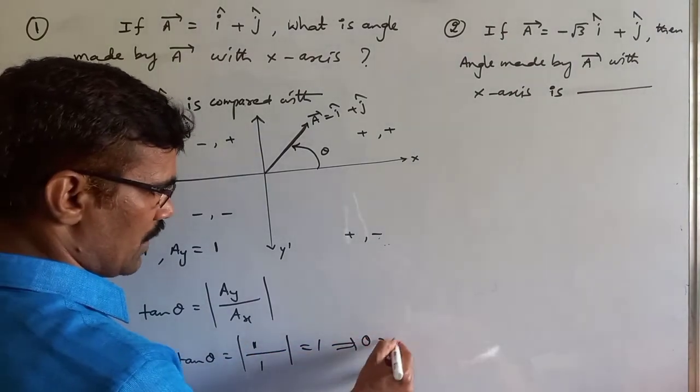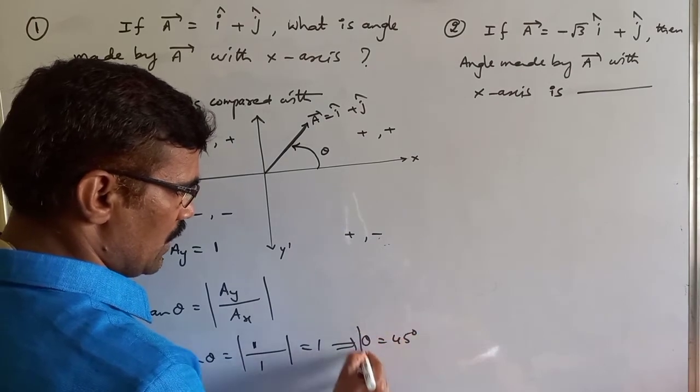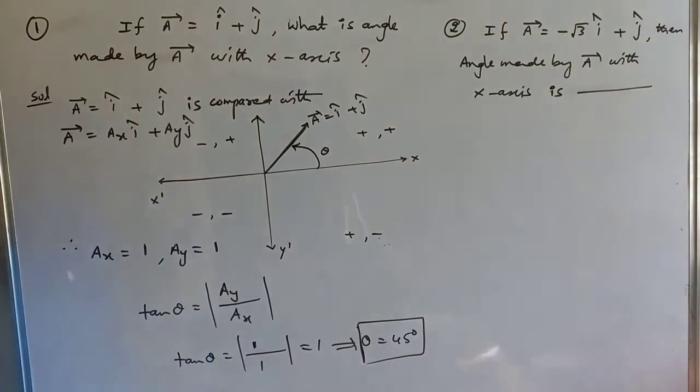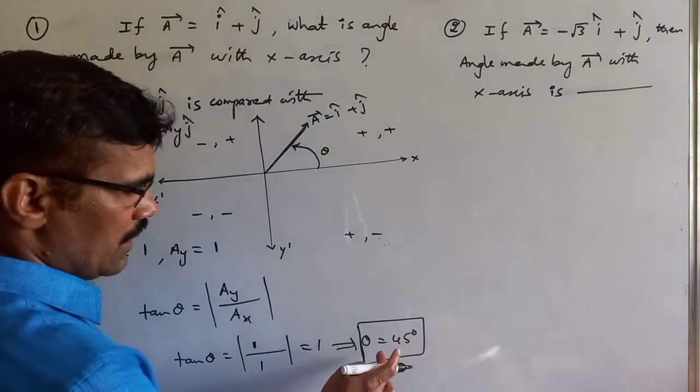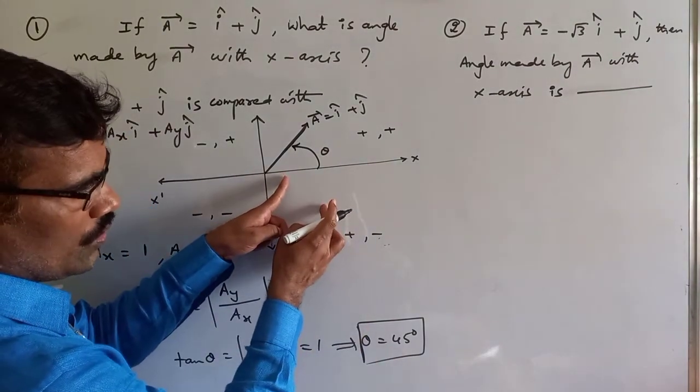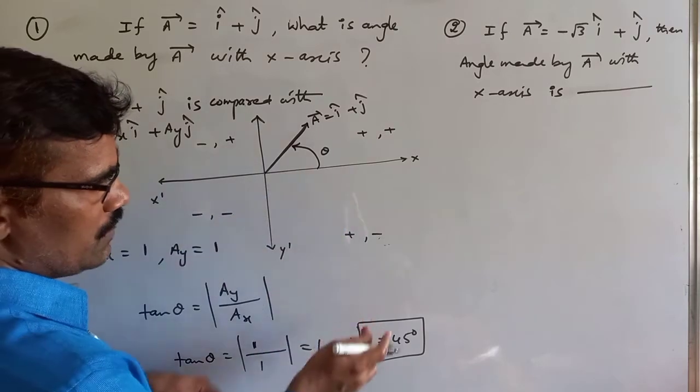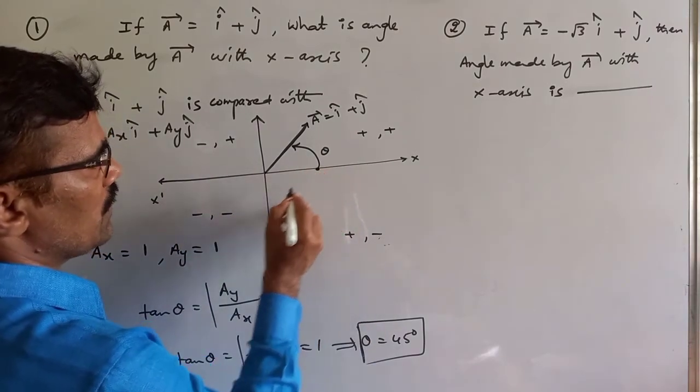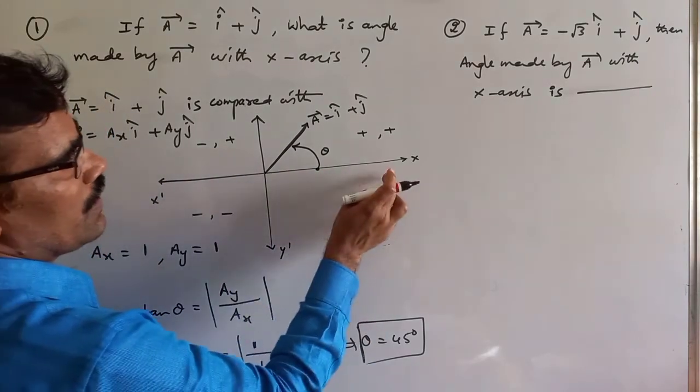Theta is equal to 45 degrees. So theta is equal to 45 degrees, and it is close to the x-axis.